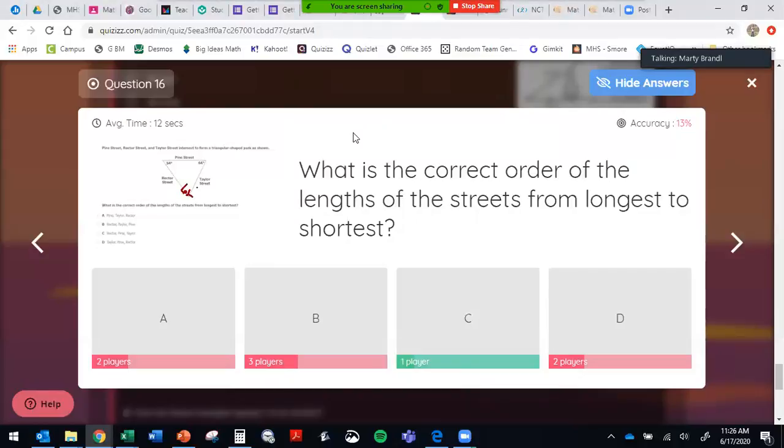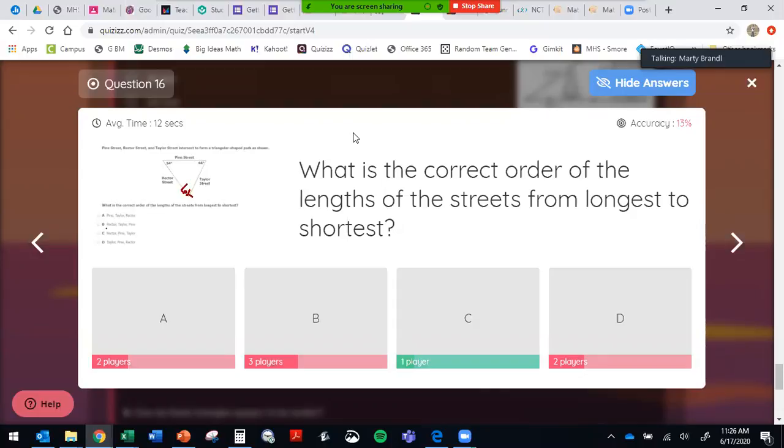That being the case, the bigger the angle, the longer the side is going to be. So the longest side is going to be the one opposite the largest angle. 64 is our largest angle, so the longest side right here is Rector Street.